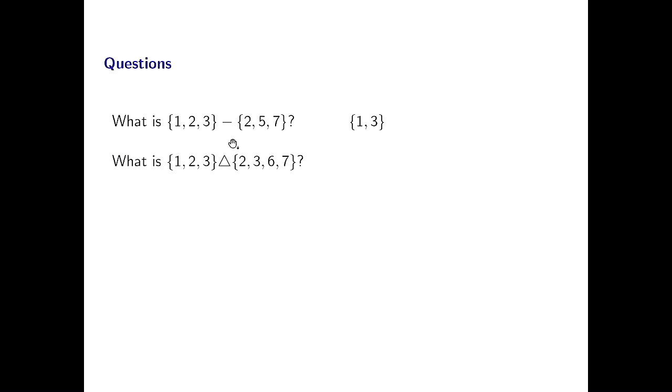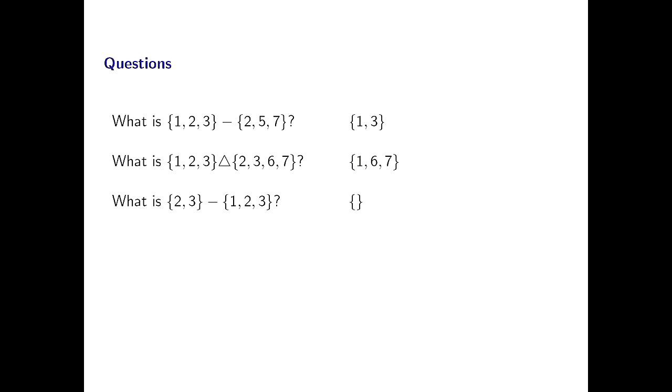How about this? To get into the symmetric difference, I need to be in one but not the other. So I think I get 1. I don't get 2 or 3 because they're in both, and I get 6 and 7. Make sense? How about this?